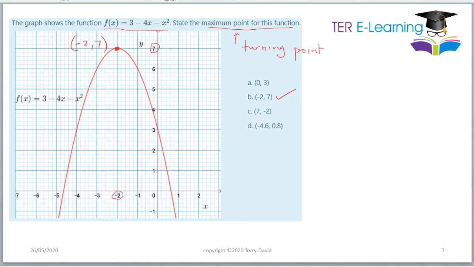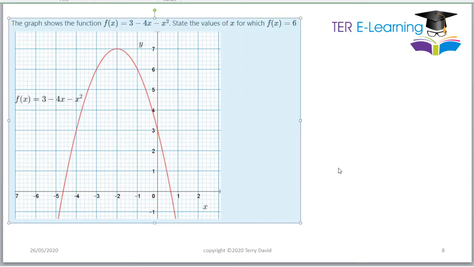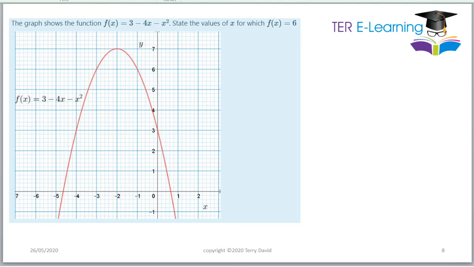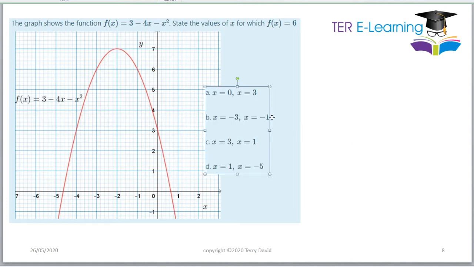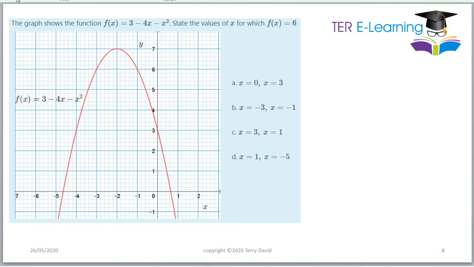Now let me see if some of you all were paying attention to what I said a few minutes ago, right? So we have this graph here, which is the same graph that we had before, f of x equals 3 minus 4x minus x squared.